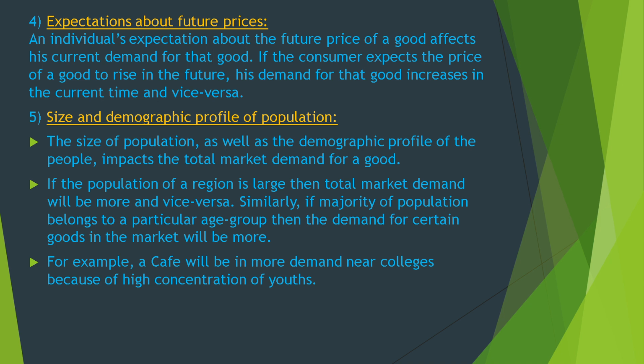The size of population as well as the demographic profile of the people impacts the total market demand for a region. If the population of a region is large, then total market demand will be more and vice versa. Similarly, if the majority of people belong to a particular age group, then the demand for certain goods in the market will be more. For example, a cafe will be in more demand near colleges because of higher concentration of youths.